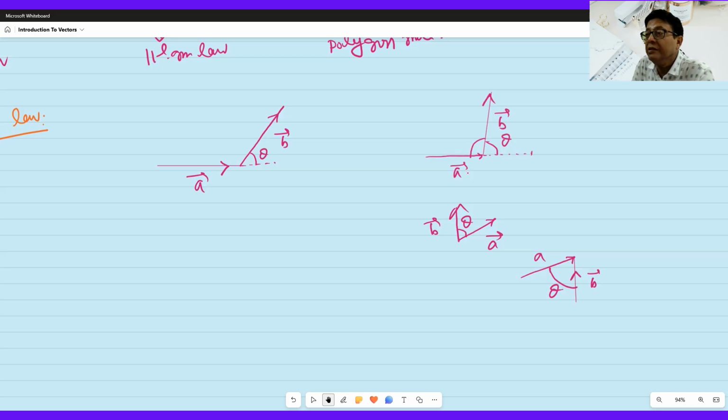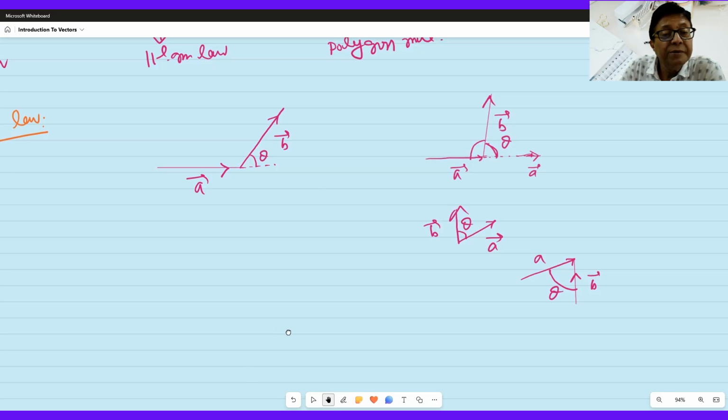But problem arises when one of them is meeting, the other one is emerging out. Then to find the angle between them, we have to follow this method we are producing. We imagine that. If you don't take it, actually no problem, but imagine that this is taken forward, because by keeping the magnitude same, it can be slid along its own direction in parallel direction. So angle is this thing. Please remember it.